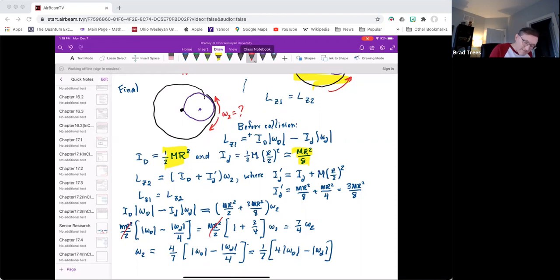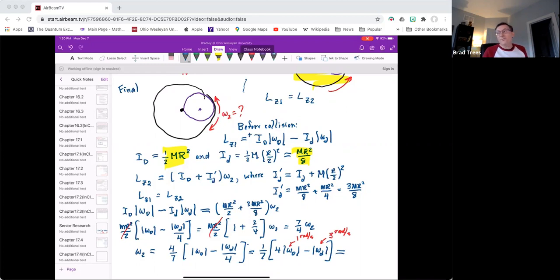Omega big D is 1 radian per second. And omega little d is 3 radians per second. And this answer, because of the algebra being done carefully, is going to give me the magnitude and the direction of the rotation. Because the sign of this answer will tell me if the rotation of this compound object after the collision is counterclockwise or clockwise.